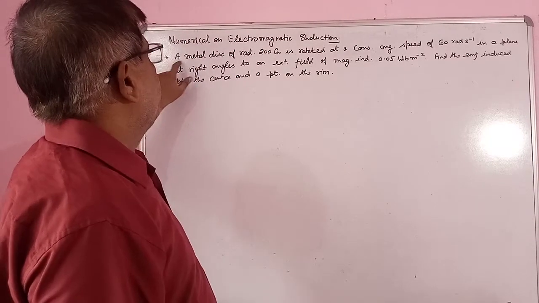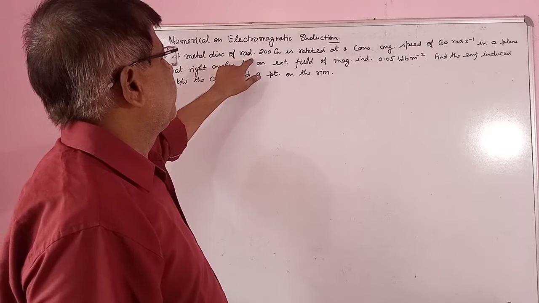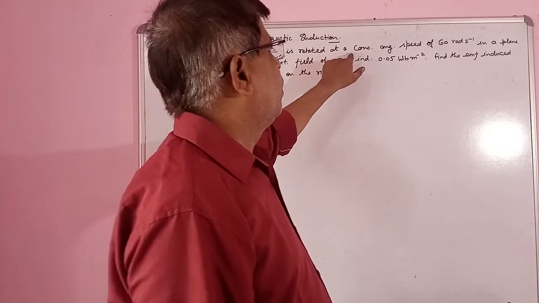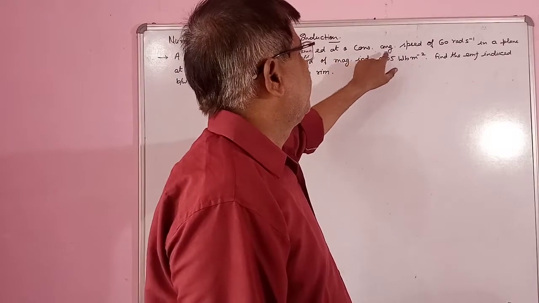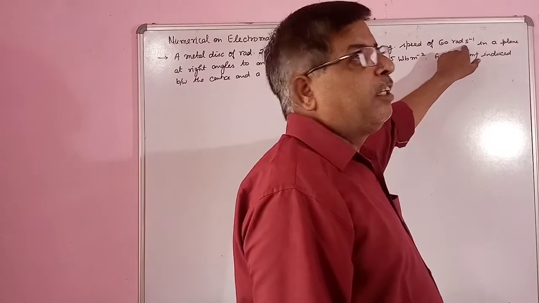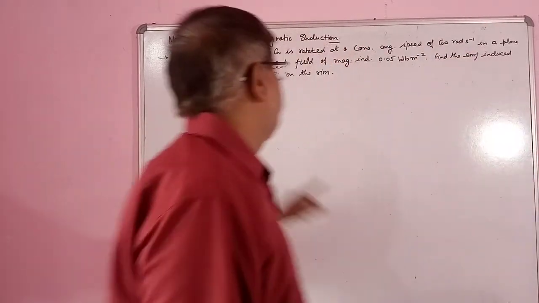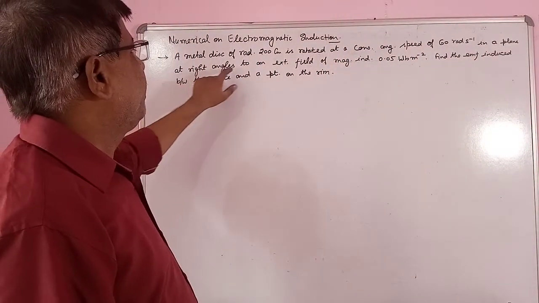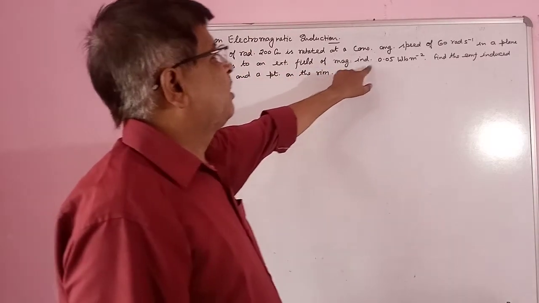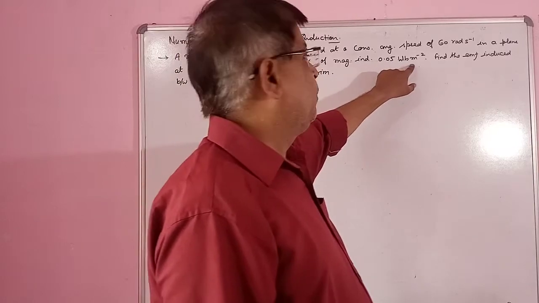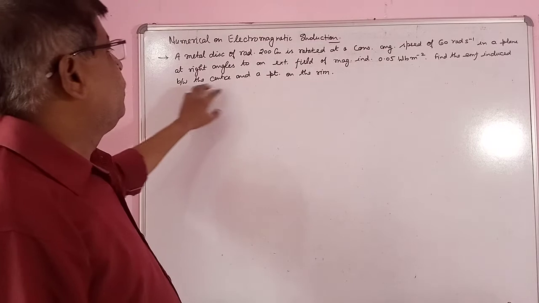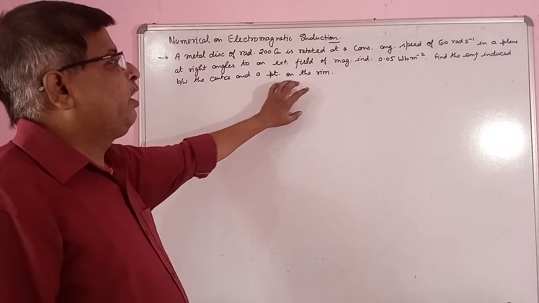Basically, a metal disc of radius 200 centimeter is rotated at a constant angular speed of 60 radian per second in a plane at right angles to the external field of magnetic induction 0.05 Weber per meter square. Find the EMF induced between the center and a point on the ring.